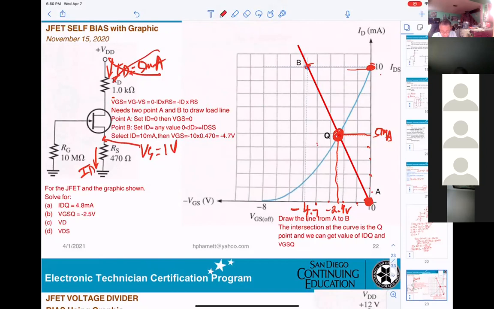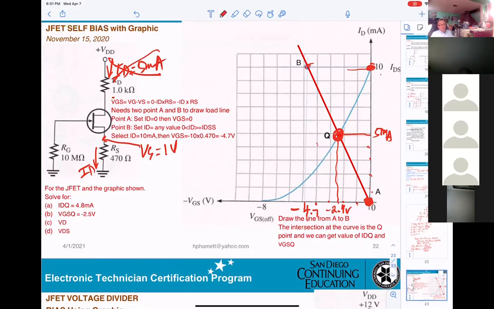What determines the angle of that slope for the blue line? You mean the current here? Yeah, that blue line that goes from Q down to -8. What is determining how that slope has that angle?